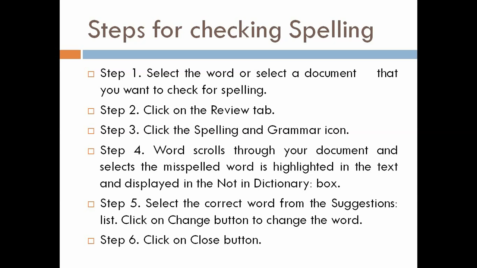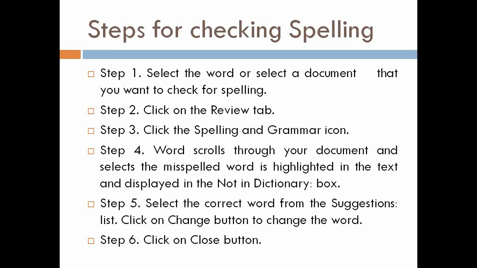Firstly, you have to select the text, then click on the Review tab and click on the Spelling and Grammar icon. It will show all the incorrect words in the dialog box.